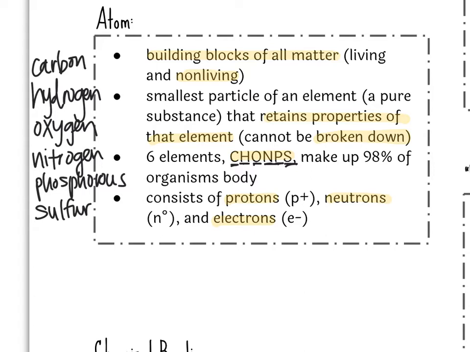So these 6 elements right here make up 98% of what we're made of. The other 2% that we're made of is just trace elements that are in really small quantities. And out of these 6, oxygen is the most abundant in our bodies.